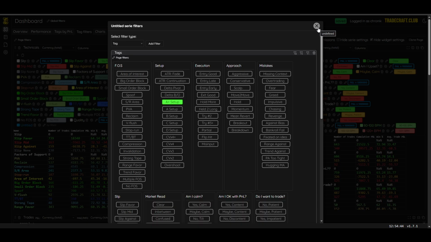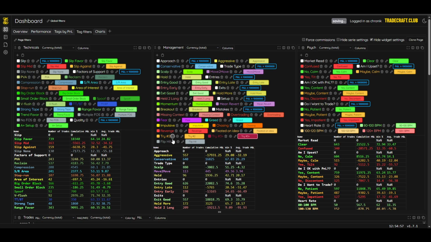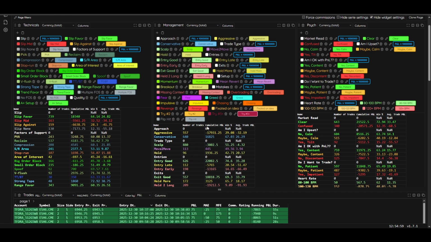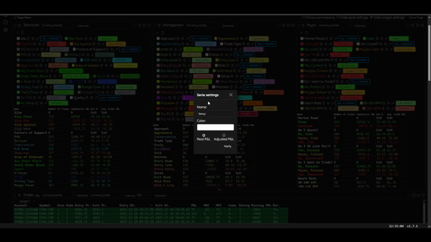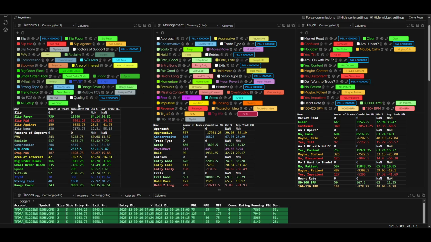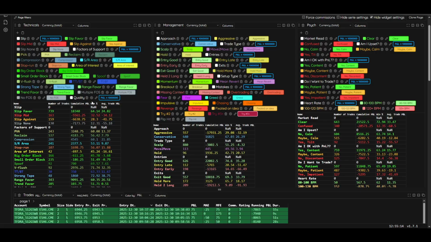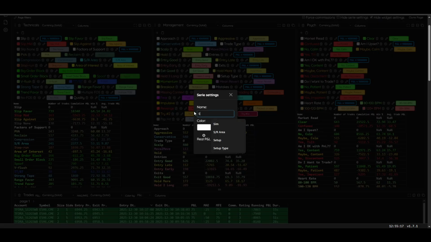So what I'm going to do to make this process a little easier is put the 3-second grouping all the way to the front. That way when I just click on this and hit tag, it's right there. Makes the process a little bit easier.